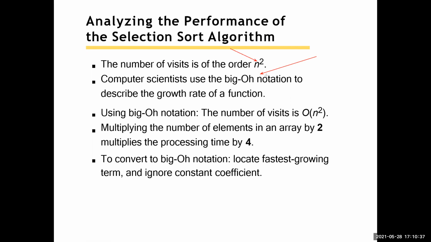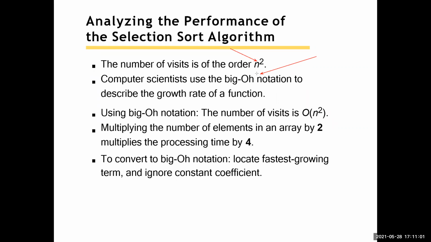What it says basically is that if I add more elements to my array, the sort is going to take a square of that. That means if I increase the elements of my array by 2, the time is going to take 2 to the power of 2, which is 4, to get it done.